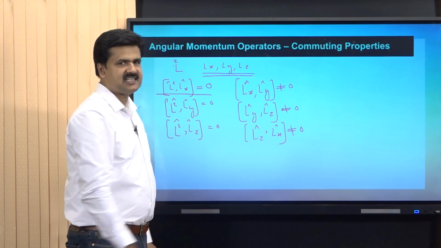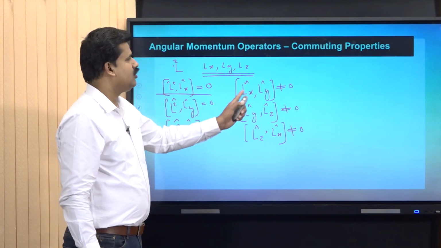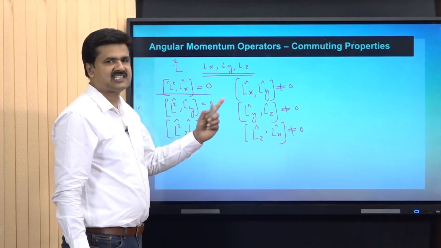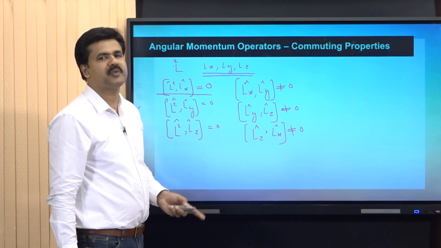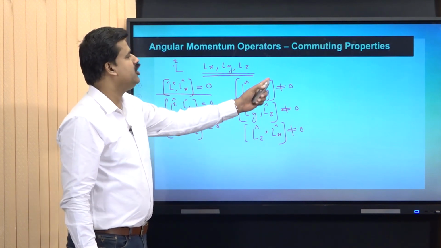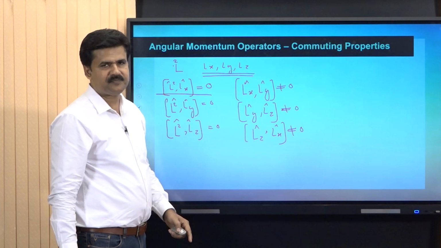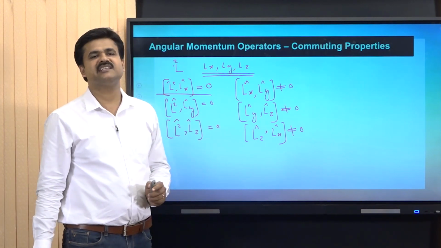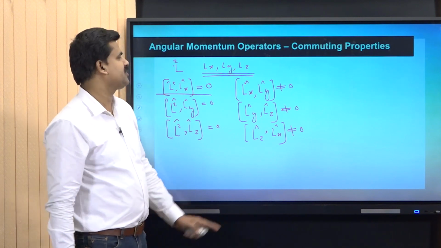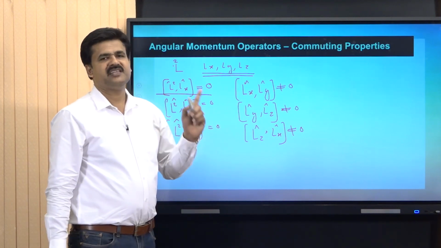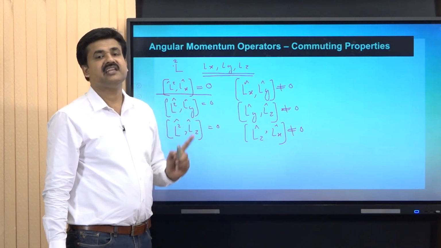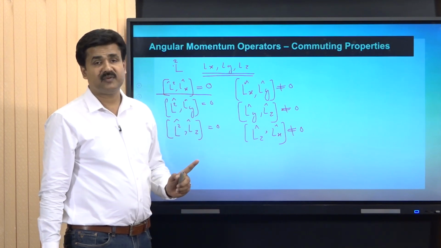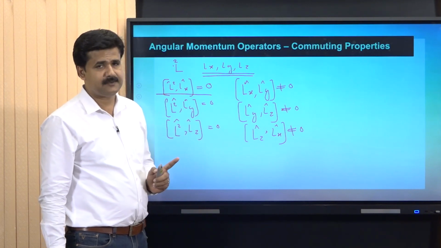The implication is that the commutator corresponding to any two component operators of angular momentum is not equal to 0. That is, the properties represented by them cannot be determined simultaneously and precisely. That means it is impossible to measure any two components of angular momentum simultaneously and precisely.